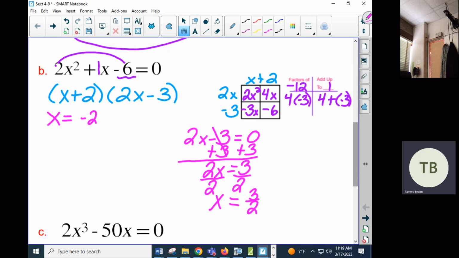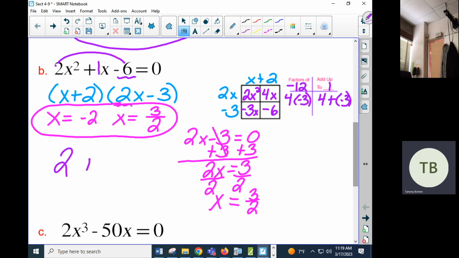Now, if you like the shortcut way to do this, you would take the opposite of this, which is a positive 3, and you divide it by what is in front of your x. And that is the same answer we got here. Okay, so this is one answer. And then I have to say whether they're real or imaginary, and there's no i's again. So you would just say 2 real roots.